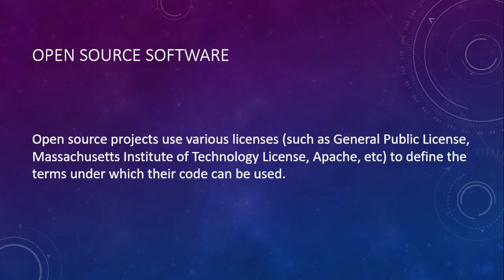Open source projects offer us different kinds of licenses. One is the General Public License. Second is the Massachusetts Institute of Technology license, commonly known as MIT license. And the third one is Apache, to define the terms under which the source code can be used.